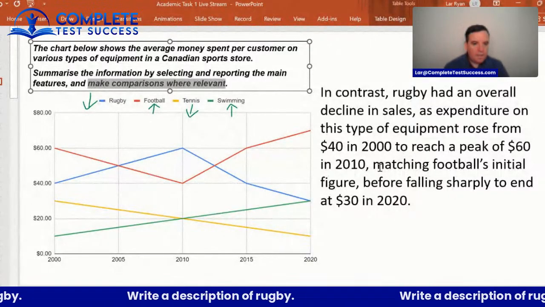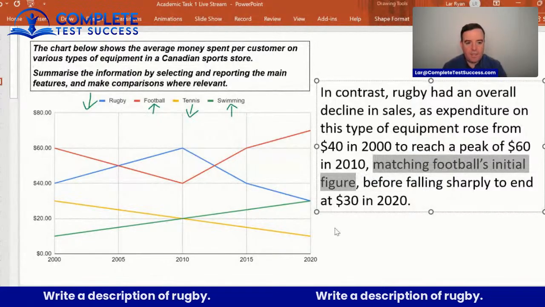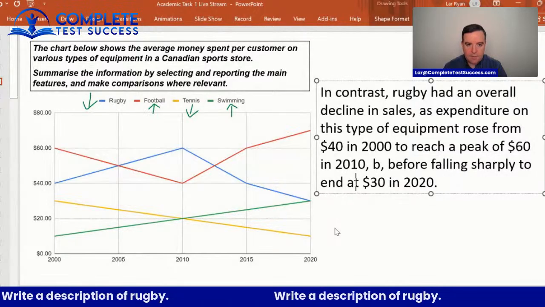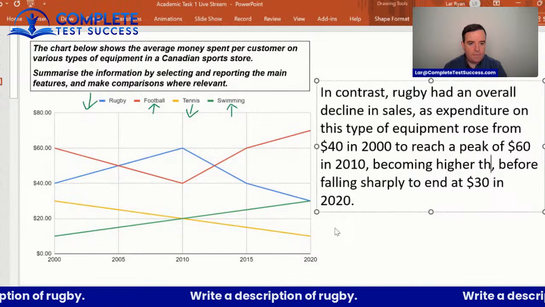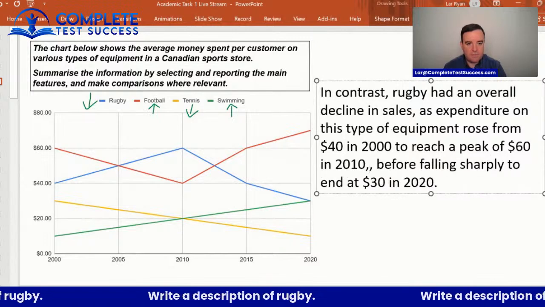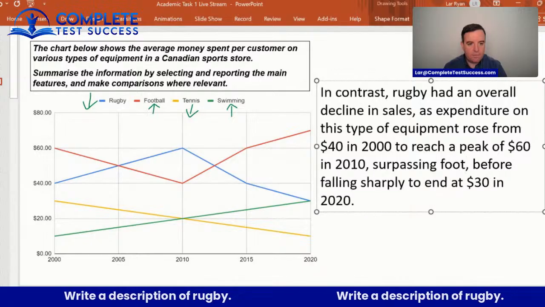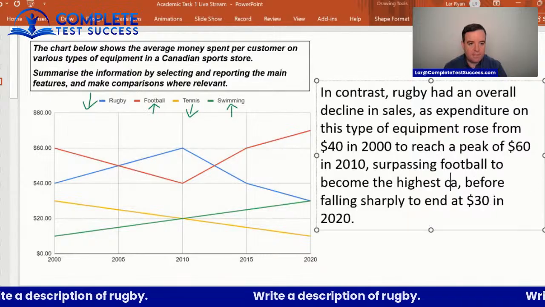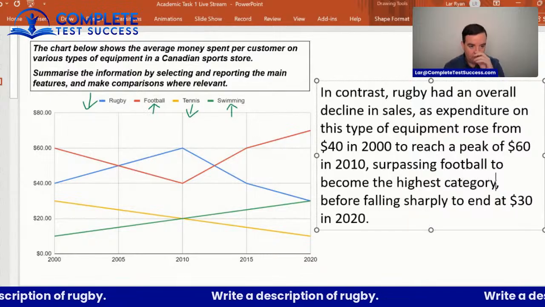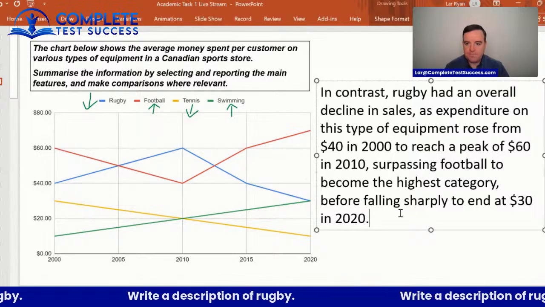I think maybe becoming higher than football, or maybe like surpassing football to become the highest category. We can say that before falling sharply to end at $30 in 2010.